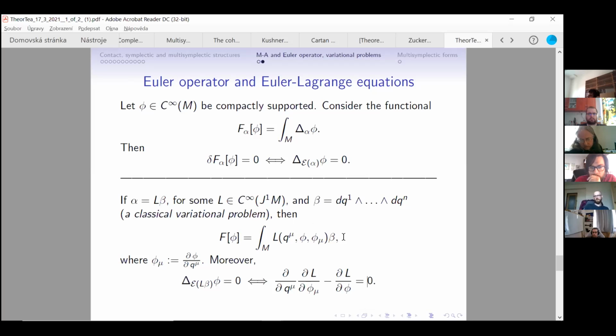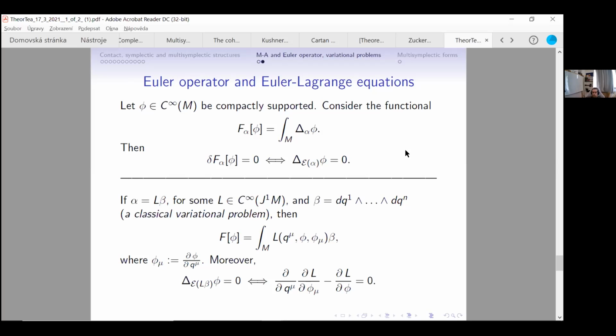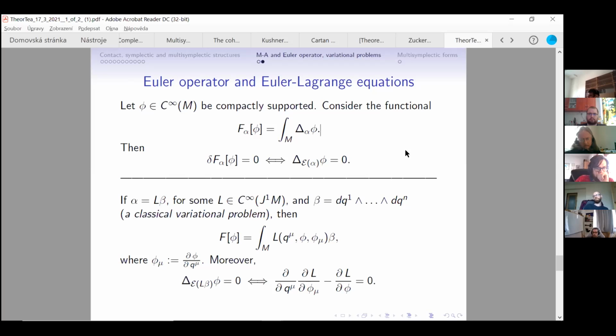So we get a unique representant of the PDE. And then we can ask whether there is some alpha such that E alpha will give us this effective part of, let's say, omega, which represented the PDE. So in other words, we are asking whether we can solve the variational problem up on the level of differential n forms on the first jet space, J1M.